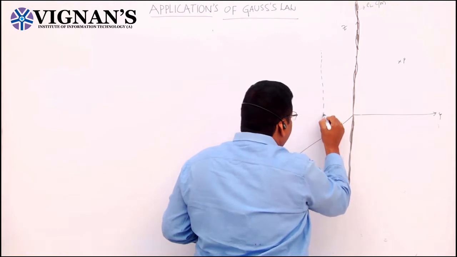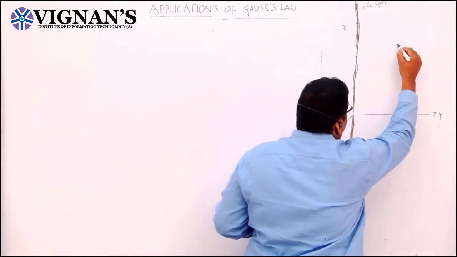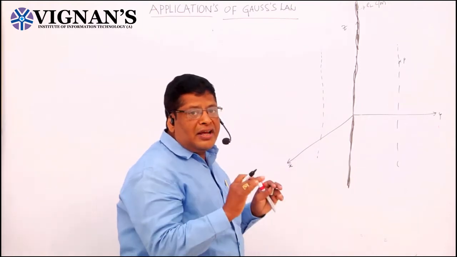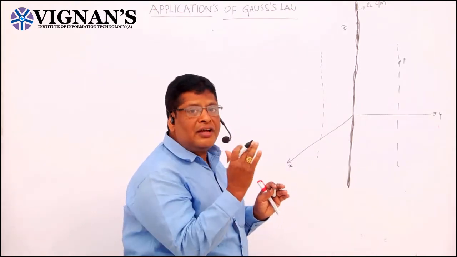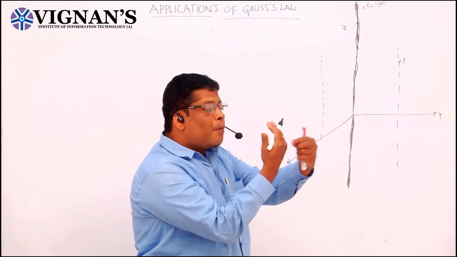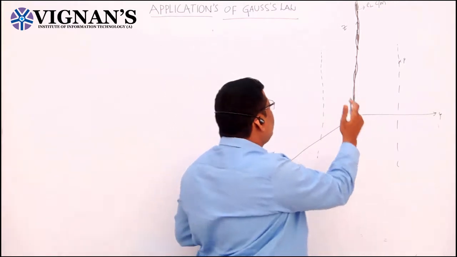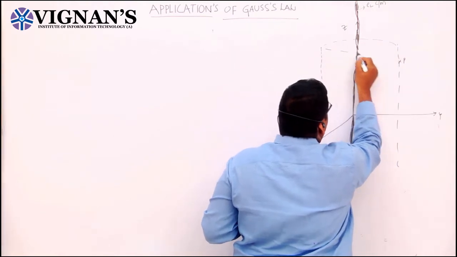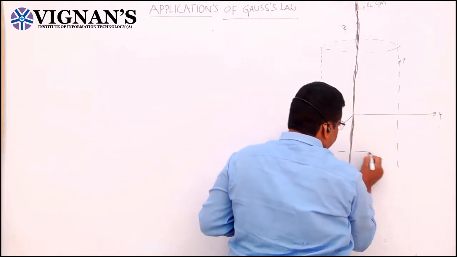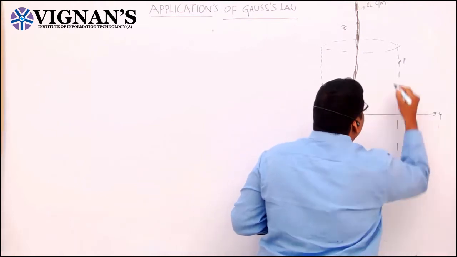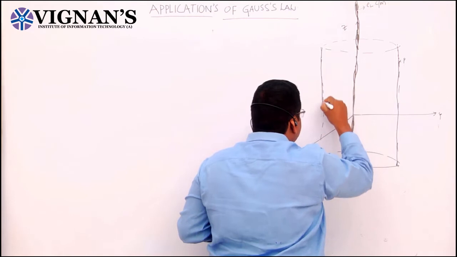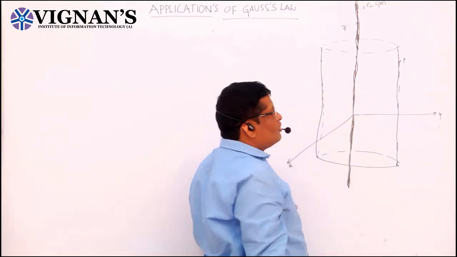This is the Gaussian surface. The surface of the cylinder should pass through the point where we have to find the flux density. This is the cylinder, this is the Gaussian surface.